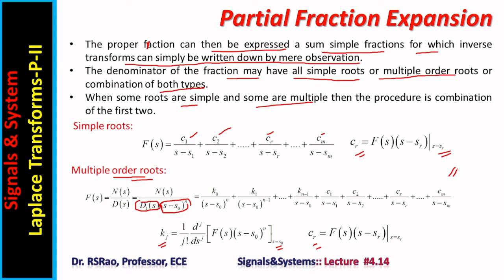If it is improper, we have to convert it into a proper function plus some polynomial consisting of expressions in s and its powers. Inverse transform of s square, s cube can be had from the impulse function and its derivatives. So for that part, inverse transform can be obtained without much difficulty.